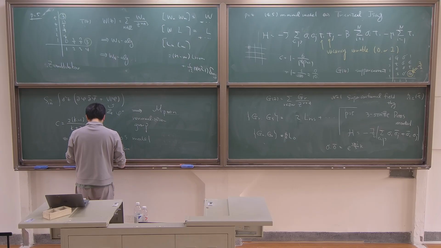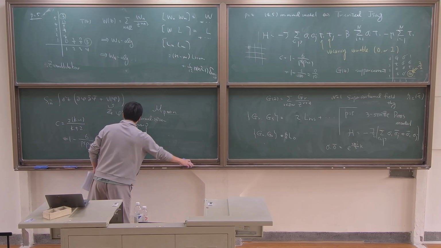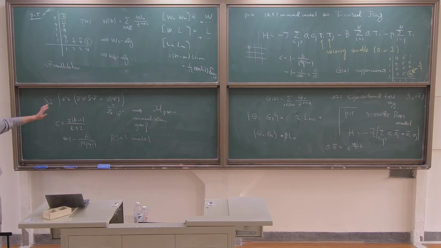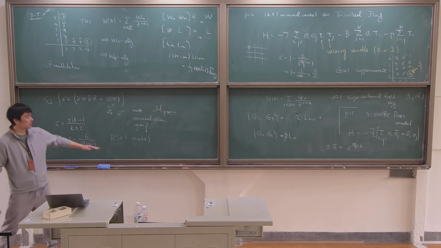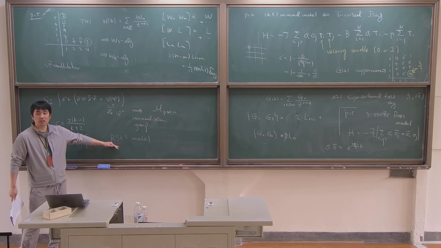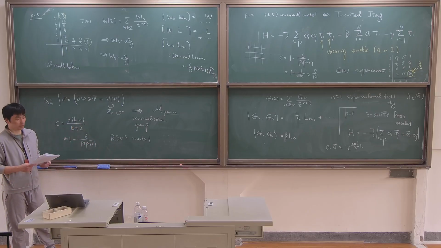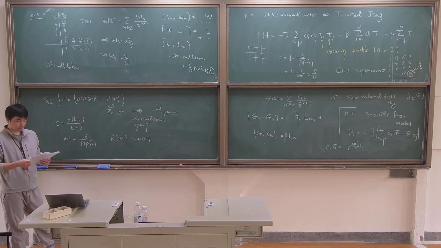This Ashkin-Teller model is one of the RSOS models. Anyway, if you consider an arbitrary unitary P model, there is some statistical model one can construct that corresponds to the minimal model. But I'm not going to go into the detail.